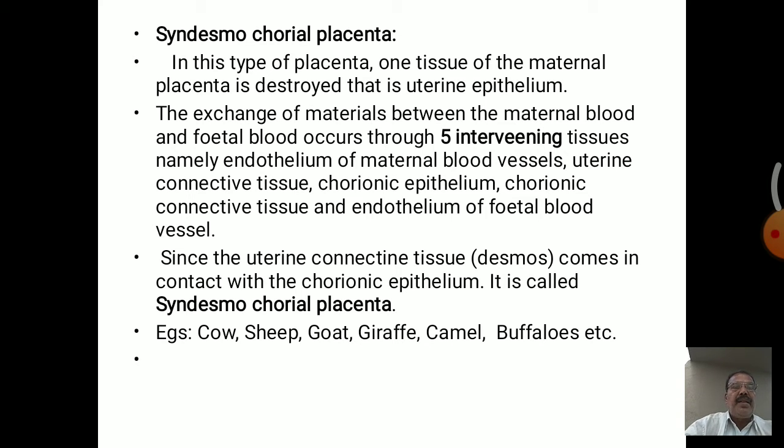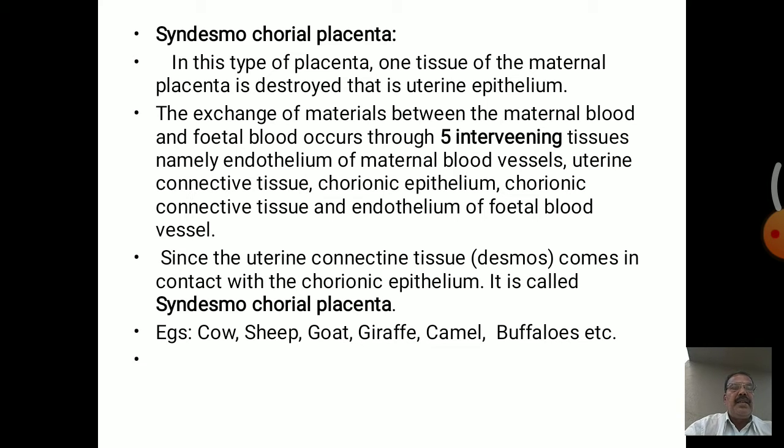The exchange of materials between the maternal blood and the fetal blood occurs through five intervening tissues, namely endothelium of maternal blood vessels, uterine connective tissue, chorionic epithelium, chorionic connective tissue, and endothelium of fetal blood vessels.